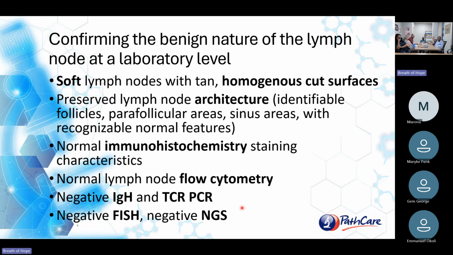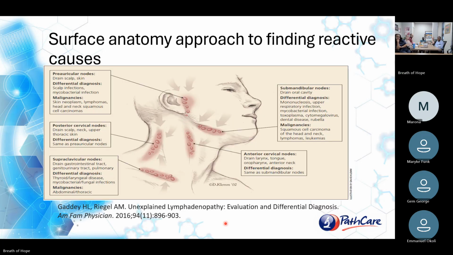And that can be normal. And then you can also do IgH and TCR on the lymph node tissue, and in very borderline cases, you can even do FISH and genetic tests on the tissue to properly confirm that this is a benign thing and not a malignant thing.